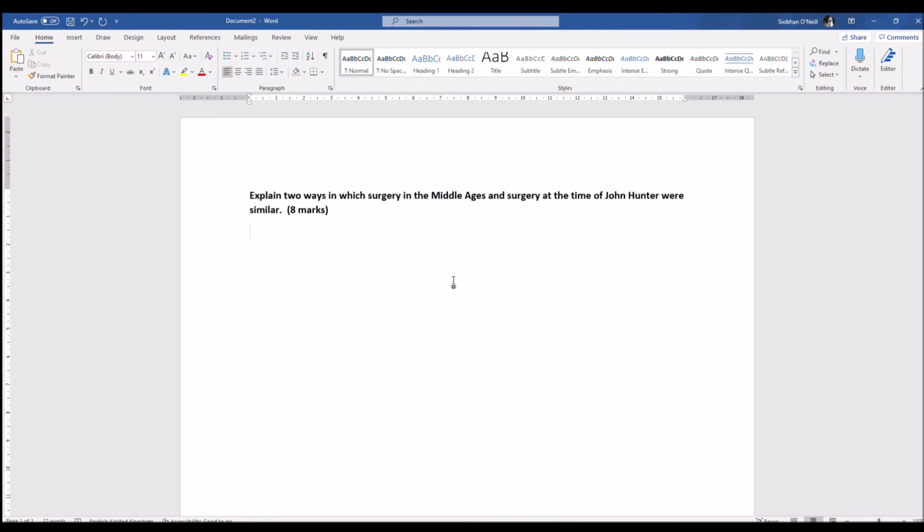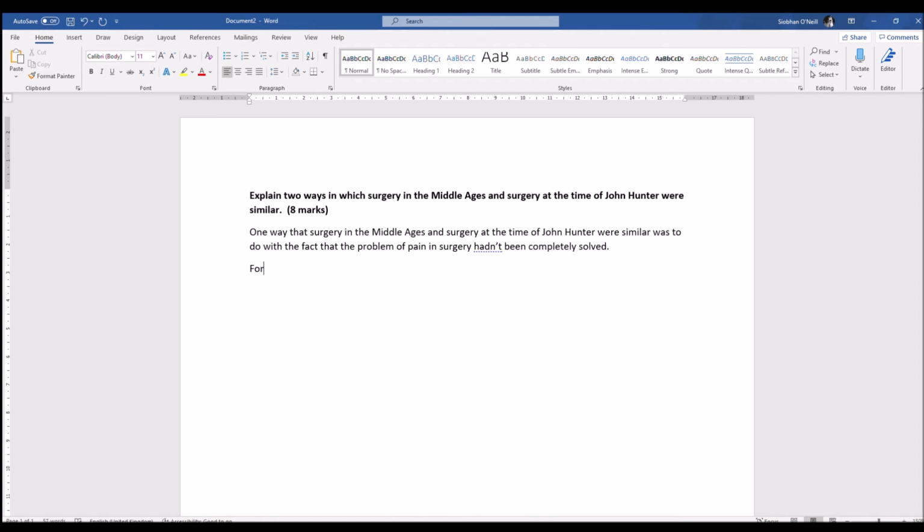So here we go. One way that surgery in the Middle Ages and surgery at the time of John Hunter were similar was to do with the fact that the problem of pain in surgery hadn't been completely solved.